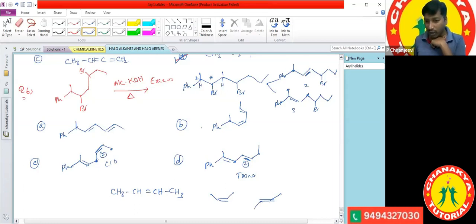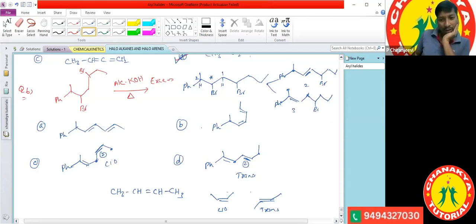Now in this one, two methyl groups are present on the same side. If two methyl groups are present on the same side, we can call it cis. If two methyl groups are present on opposite sides, we can call it trans. So for the second double bond, by seeing the structure only we can say which one is cis and which one is trans.